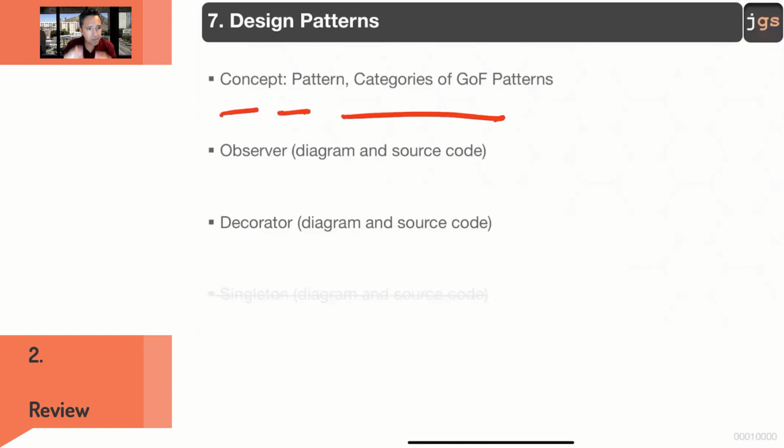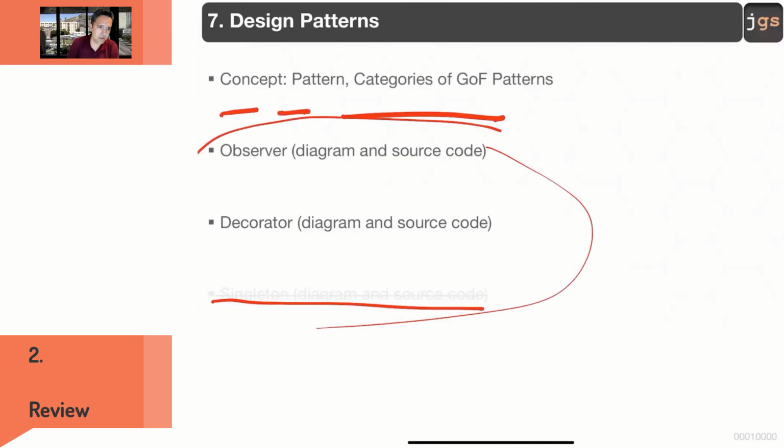Moreover, in particular, and connected with the relationship that I mentioned, the second most important topic, be sure that you understand and can program the observer and the decorator pattern. I just eliminated this one. So observer and decorator. Be sure that you understand the source code for those two and the diagrams.